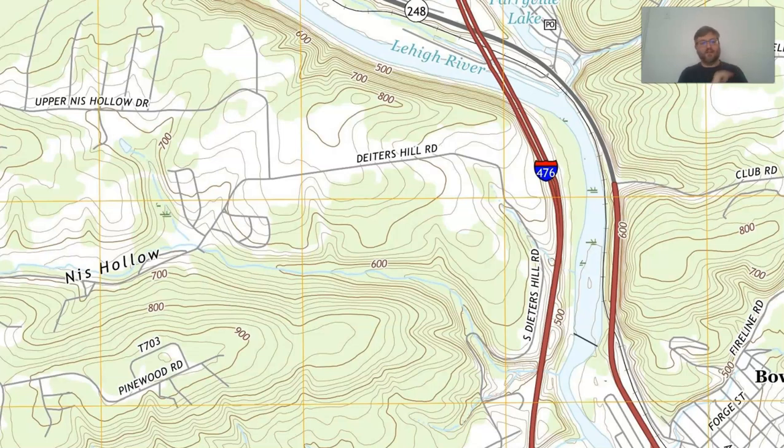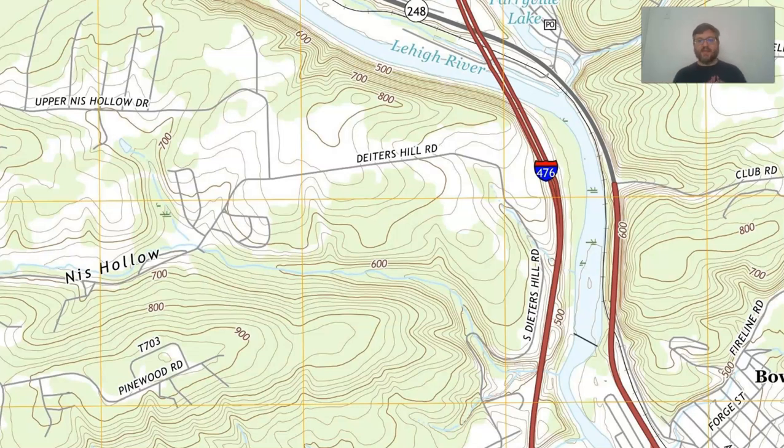This Niss Hollow stream is higher at the western side of the map and then is flowing downhill towards the eastern side of the map. It's a little harder to do that with the Lehigh River just because it's such a much bigger river. You can't see those V-shaped contour lines quite as easily on this little piece that I've zoomed in here.